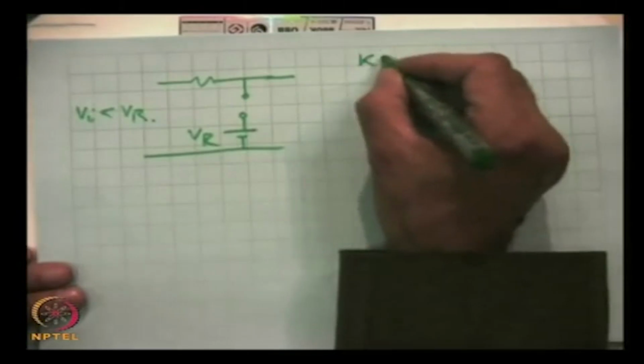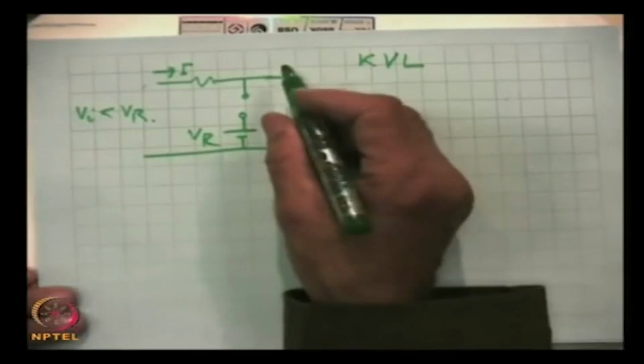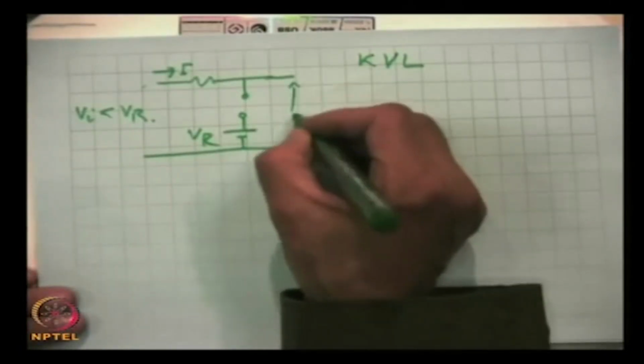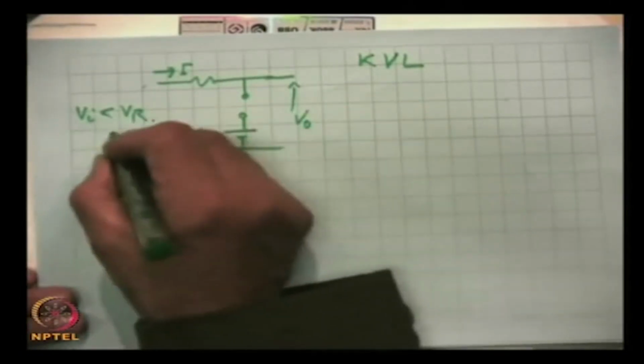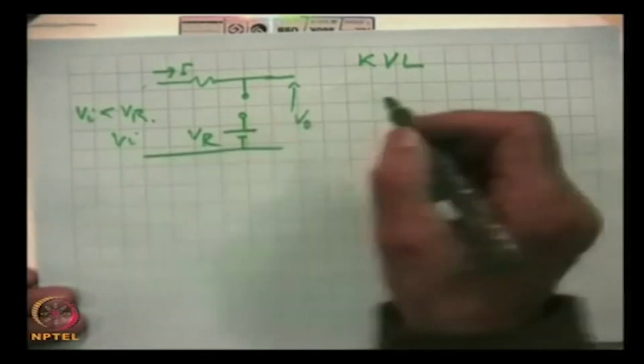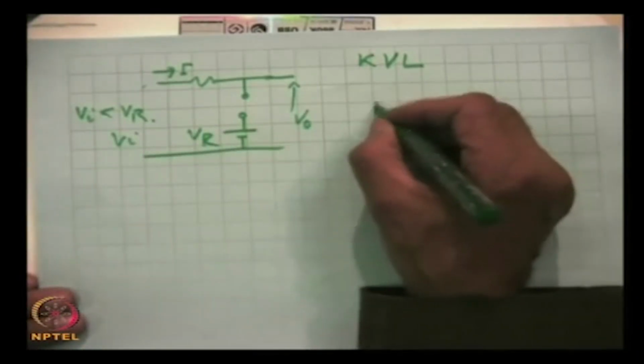Let us analyze this by Kirchhoff's voltage law, summation of voltages in a loop. Now, let us assume that current I flows through this circuit. Here is V0, this is Vi, then we can write the summation equation.